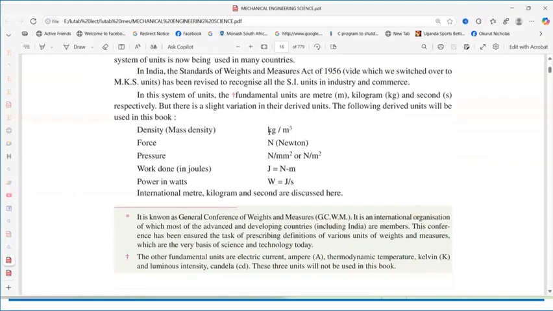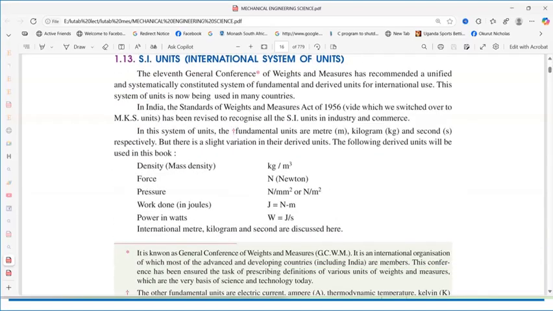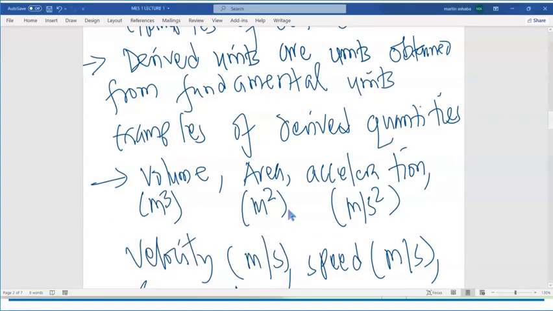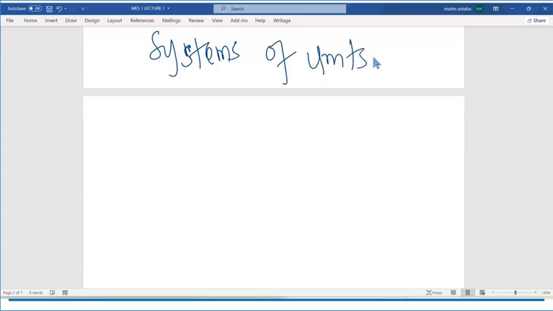So that's very important. Then we talk about system of units. I know you remember some of these things and start asking. So let's talk about systems of units.